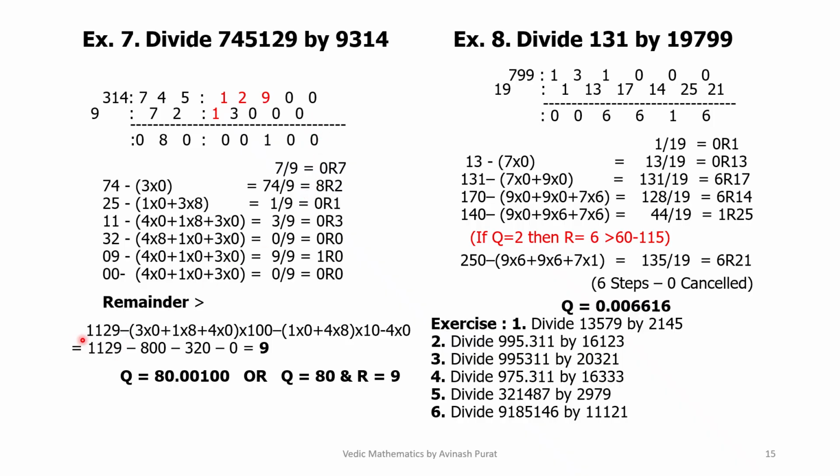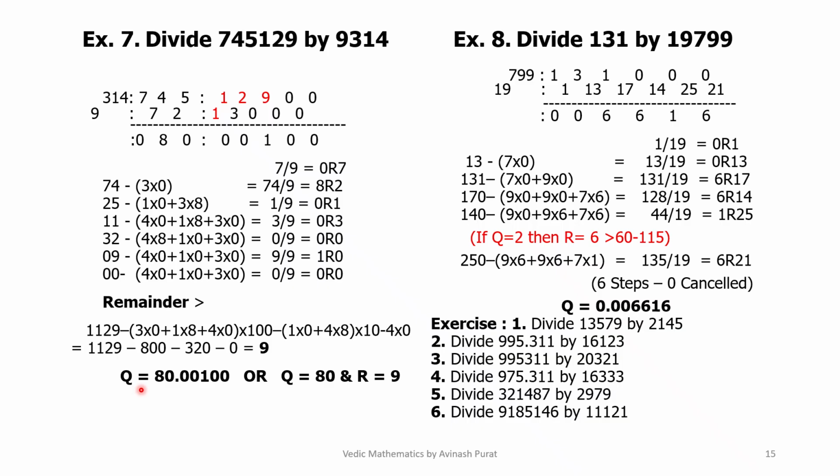So the remainder is 1129 minus (3 into 0 plus 1 into 8 plus 4 into 0) multiplied by 100 minus (1 into 0 plus 4 into 8) multiplied by 10 minus 4 into 0, that is 1129 minus 800 minus 320 minus 0, that is equal to 9.